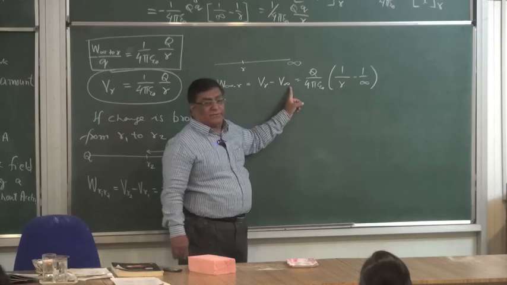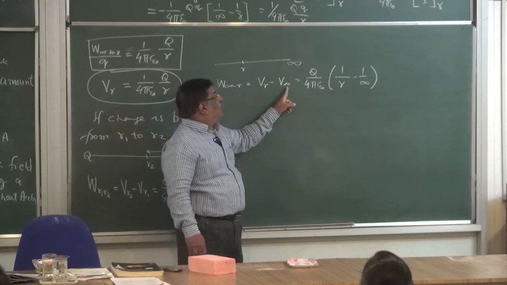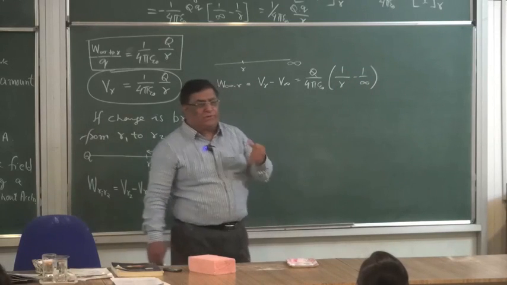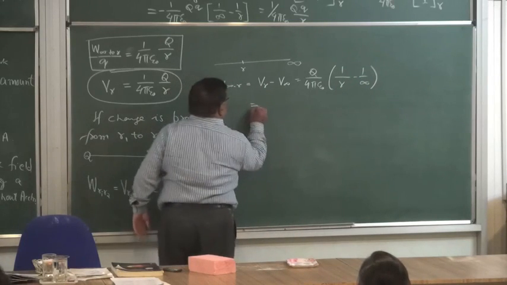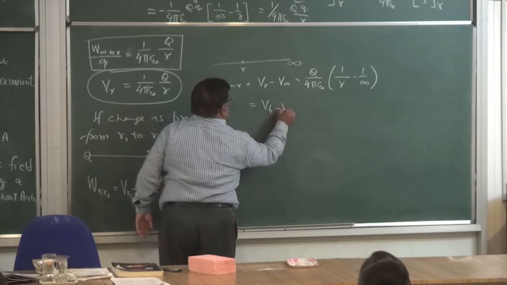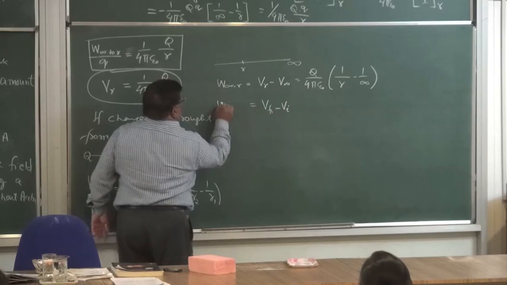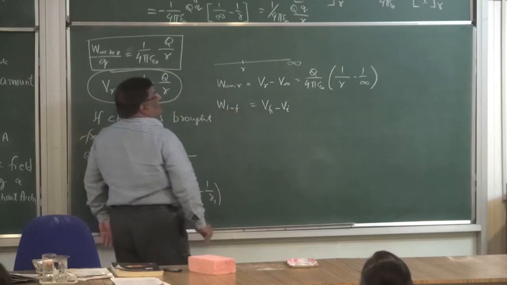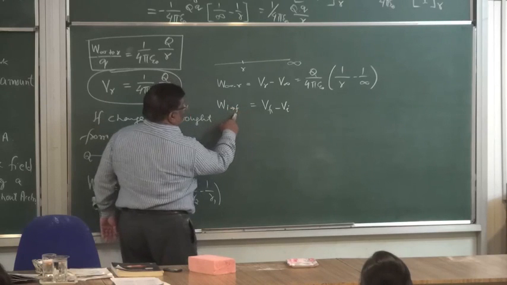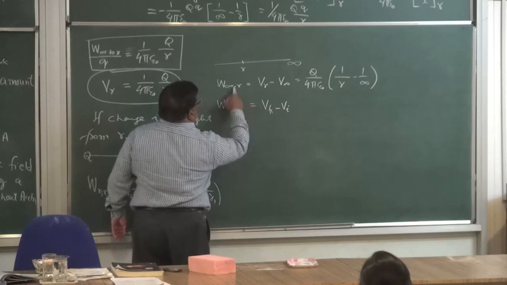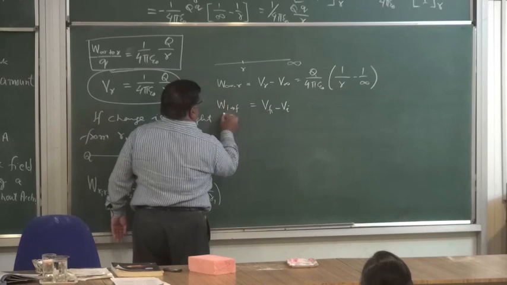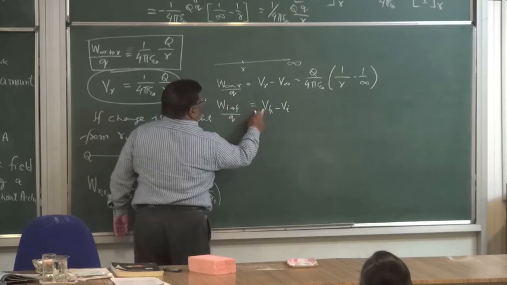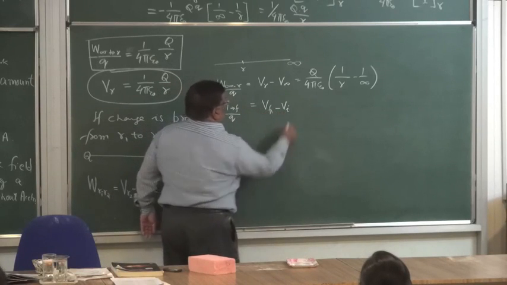Initially R1 R2. If this is final, this is initial, then this is final, this is initial. So some writers are using it this way: V final, V initial. Work done from initial to final position per unit charge is equal to potential final minus potential initial.